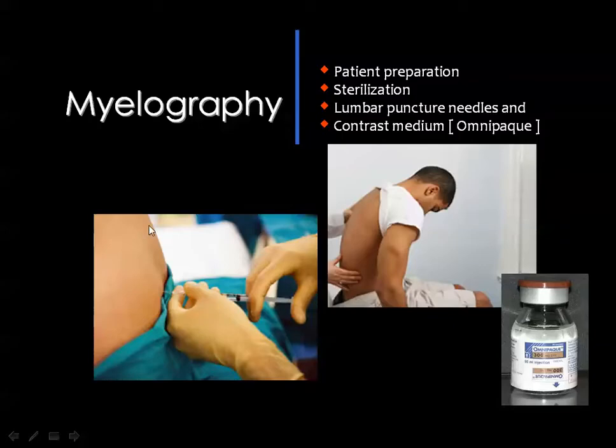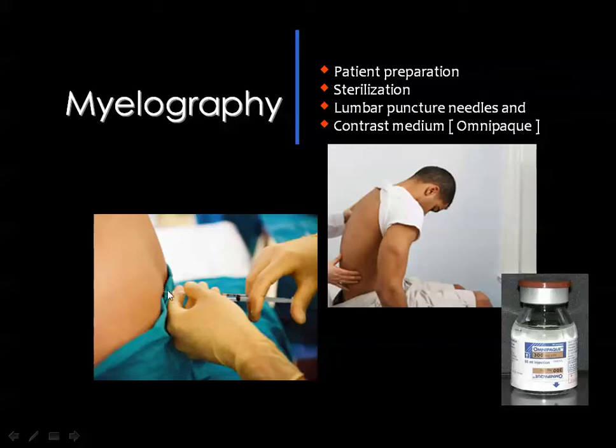Usually, we sterilize the back of the patient and we palpate the spinous processes of the vertebrae, and we introduce a lumbar puncture needle between the spinous processes, aiming at the cecal sac or inside the spinal canal. Usually, the level we select is between L3 and L4.